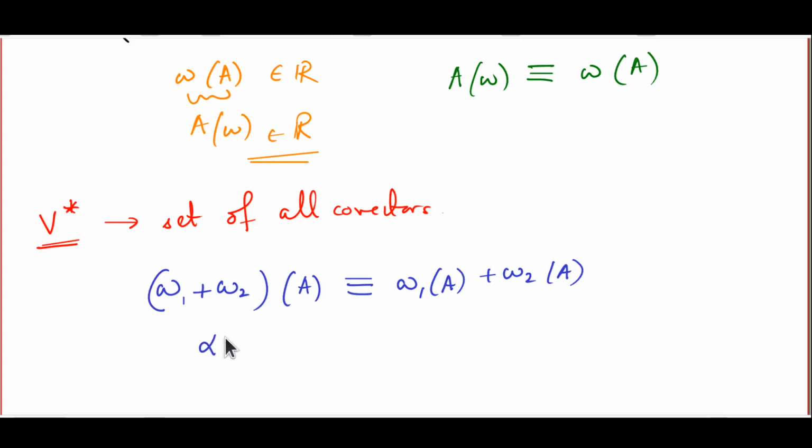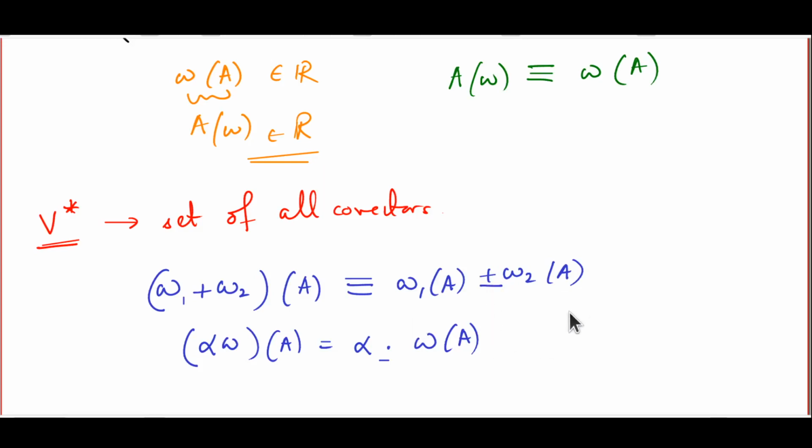Similarly, multiplying a covector omega by a number alpha leads to another covector which by definition acts on A to produce the number alpha times the number omega A. Note that on the right hand side of both of these definitions, the plus and the multiplication are really being done between real numbers. So this is a perfectly well defined operation.